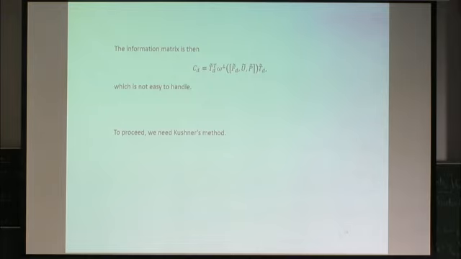And one of my colleagues says, nobody is allowed to write a PhD thesis with me who's not using Kushner's method. It's not really true, but almost. So we got stuck here. Maximizing the trace of this is not easy unless you use Kushner's method.